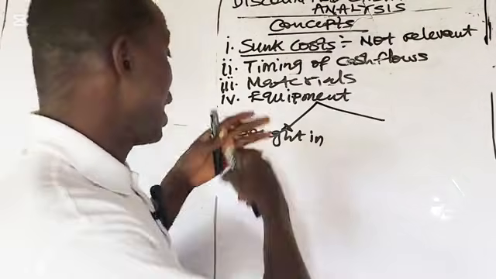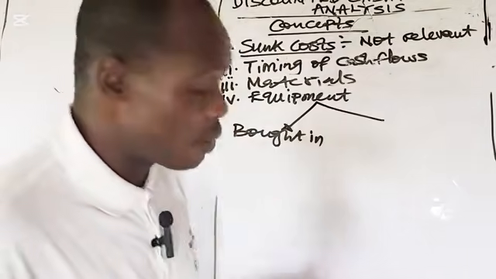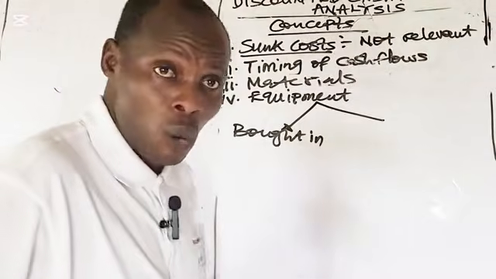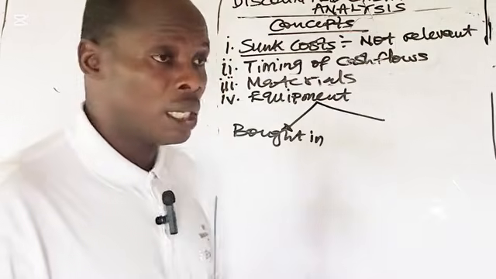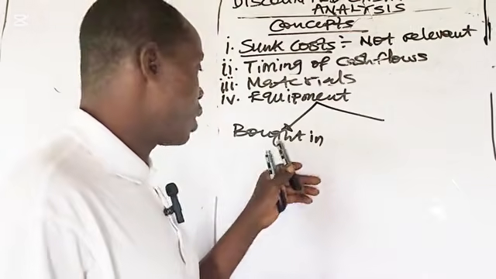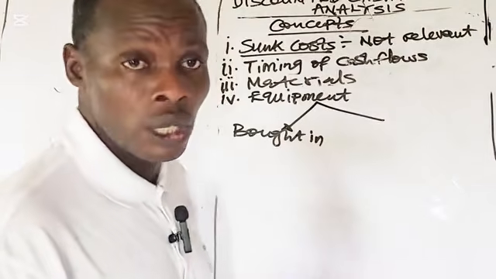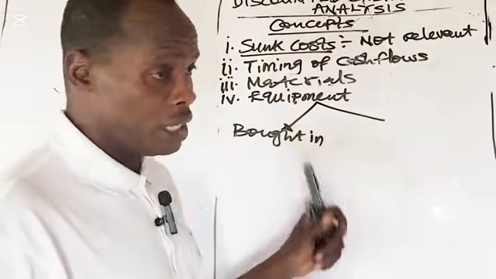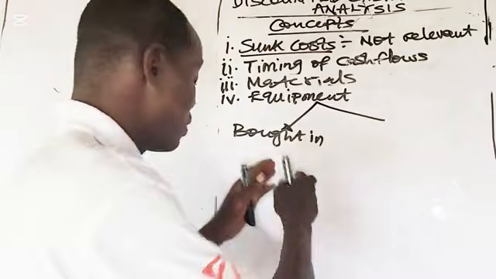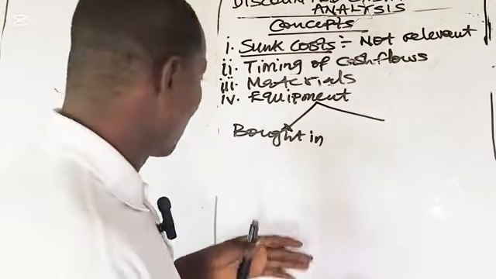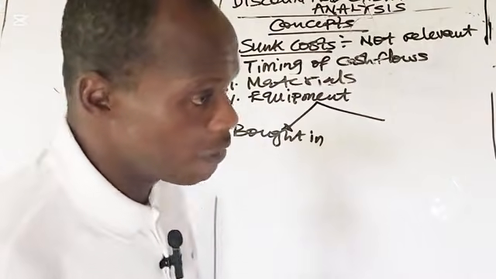Since they were acquired at the sanction of the project, the cost of those equipment will be treated as an outflow in year 0, while their scrap value will be treated as an inflow at the end of the project life.